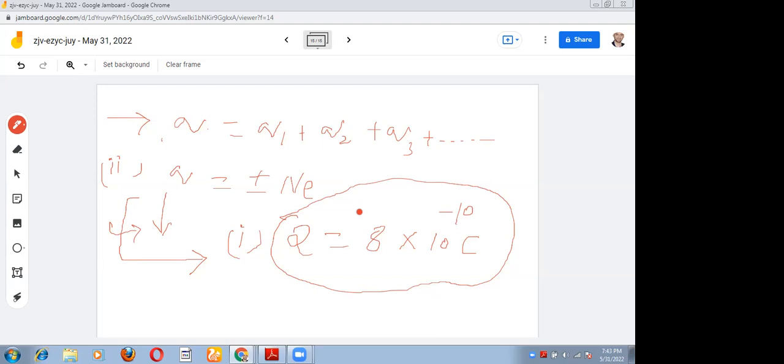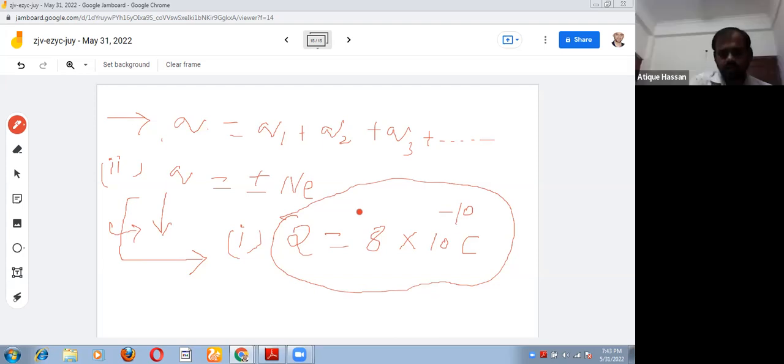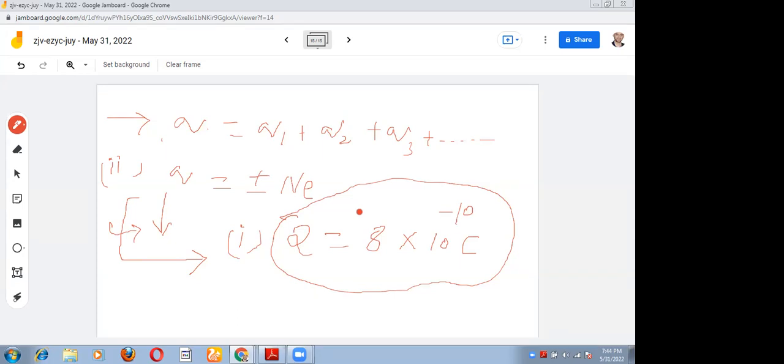Sir, can you repeat? We were going through the property of quantization of charge, which you both know: charge on any object is an integral multiple of the elementary charge. Correct? Yes, sir.